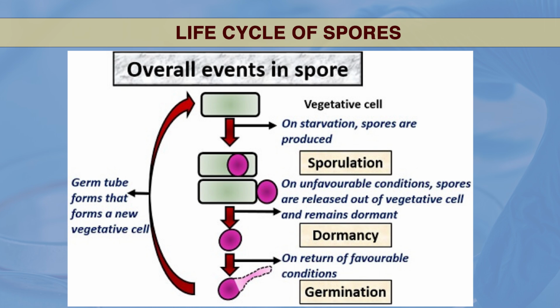After that, you can see the dormancy stage, and on return of favorable conditions, you can see the germination of the spores very clearly. So, this is the life cycle of the spore.